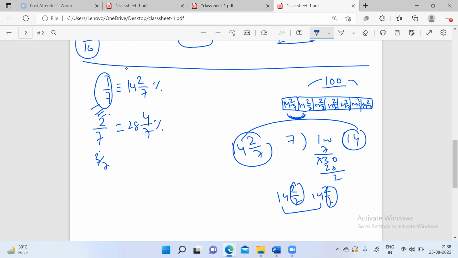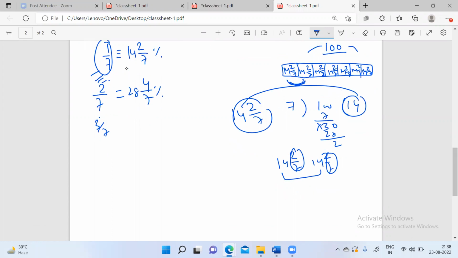See, so I'll complete the 7 wala here. 3/7 would be, I'll be adding all these 3, 14 plus 14 plus 14, or you can just add 28 4/7 में 14 2/7 ऐड कर सकते हो, है ना? मतलब 2/7 में 1/7 ऐड कर देंगे, या फिर I can add 3 times.